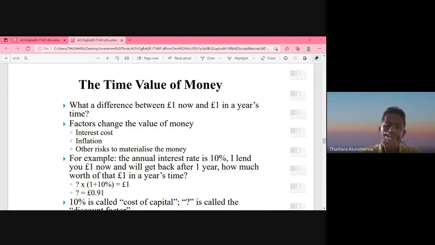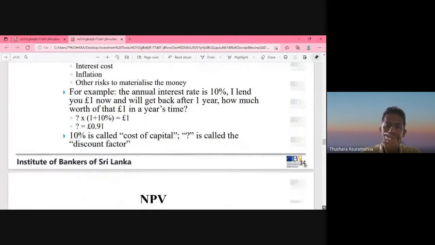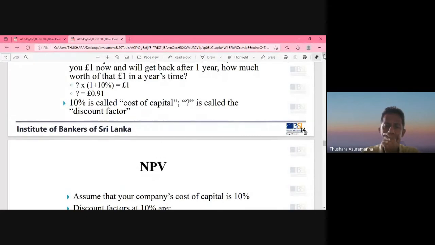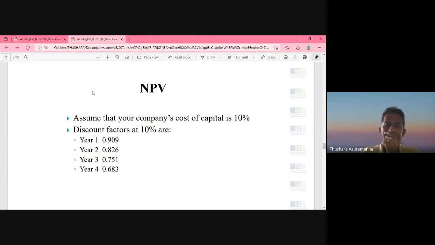See whether you can compute that. See whether you are getting these types of numbers.